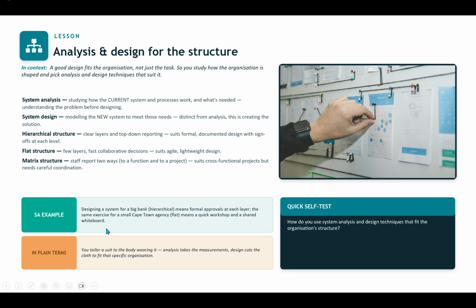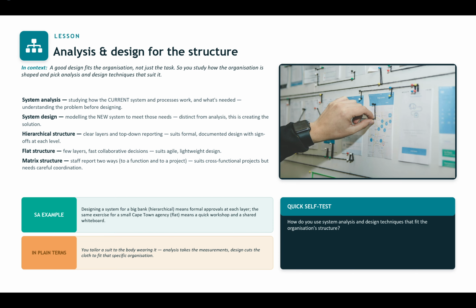Now, an example would be designing a system for a big bank, which is hierarchical, meaning formal approvals at each layer. The same exercise for a small Cape Town agency could be flat, which means a quick workshop and a shared whiteboard and everything is fine. So solutions are never one size fits all.